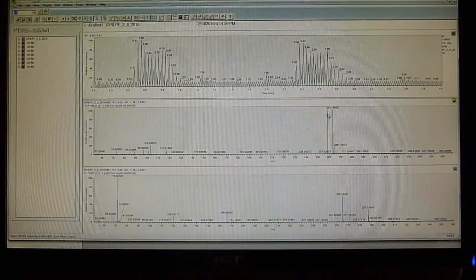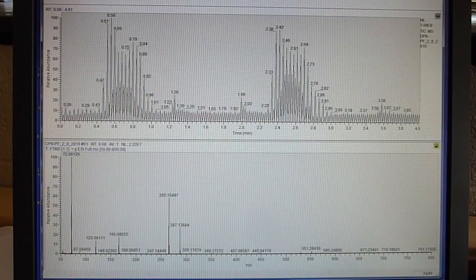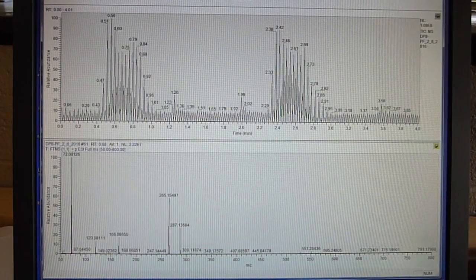This is the negative, 263.14. Here's the positive, 265.154. And let's take a closer look at the high-resolution mass spec data for positive electrospray.